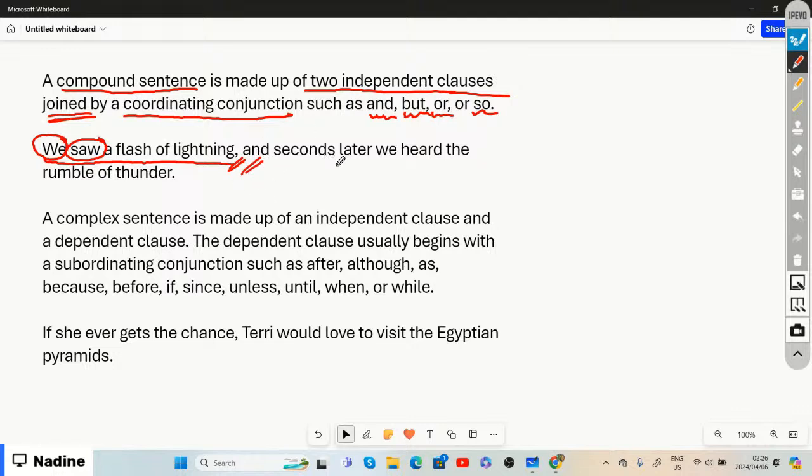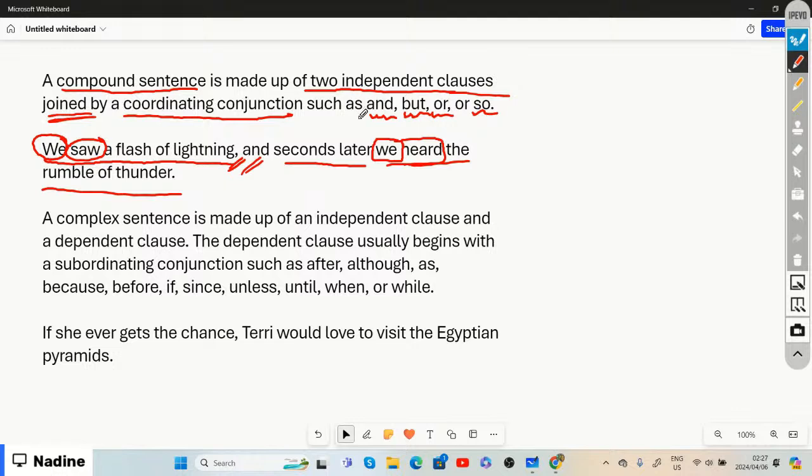And then here we have our second sentence, which is, seconds later, we heard the rumble of thunder. So we, once again, is our subject. Heard the rumble of thunder is our predicate.